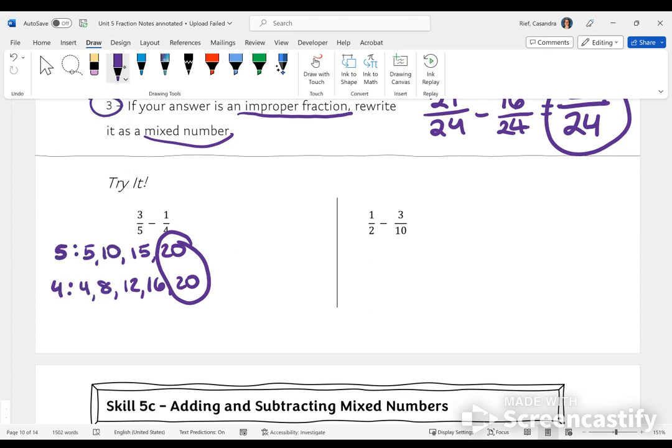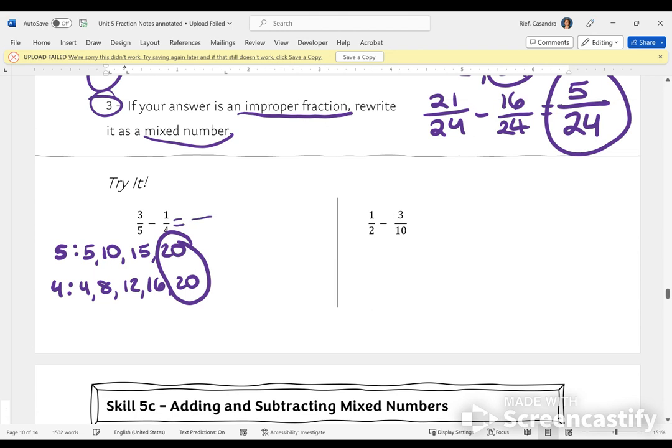Now that I've figured out my denominator, I can rewrite my fractions using my denominator of 20. 4 times 5 will give me 20. So I'm going to multiply my numerator times 5. I can rewrite 1/4 as 5/20.